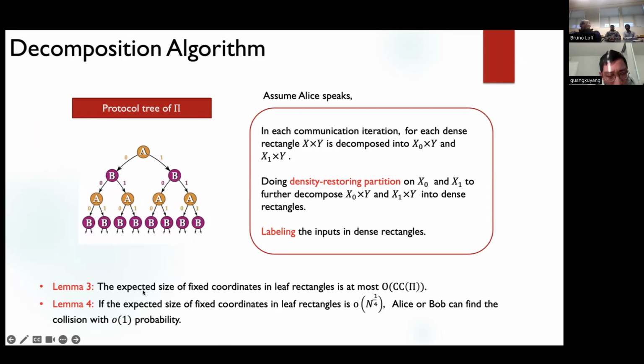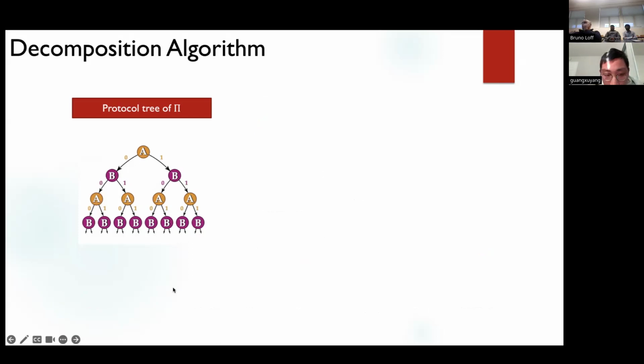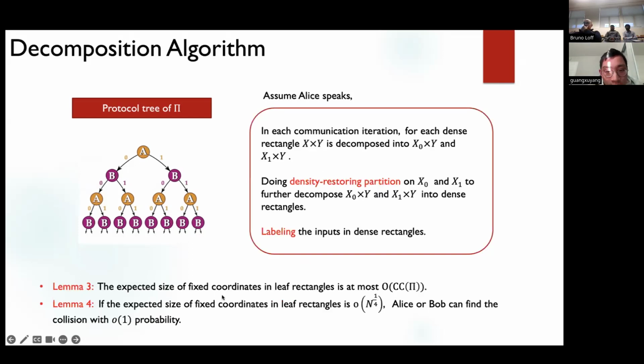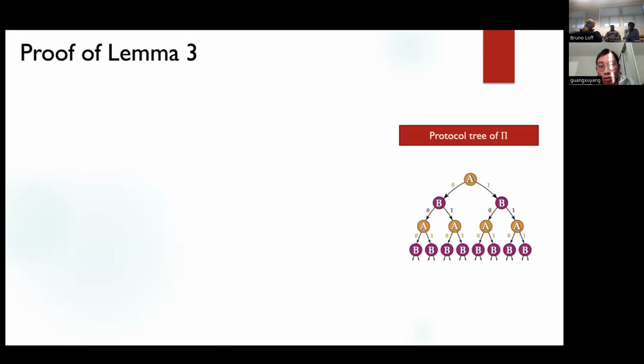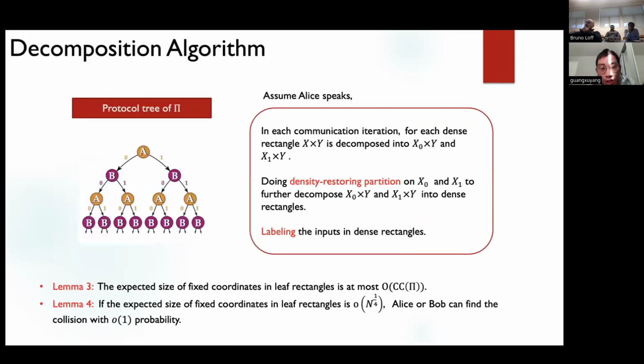The first number is that the expected size of the fixed part of the query in the left rectangle is at most bounded by the communication complexity. The second number is that if the fixed query size is small, then Bob can't find the collision. If these two numbers hold, we will finish our proof.